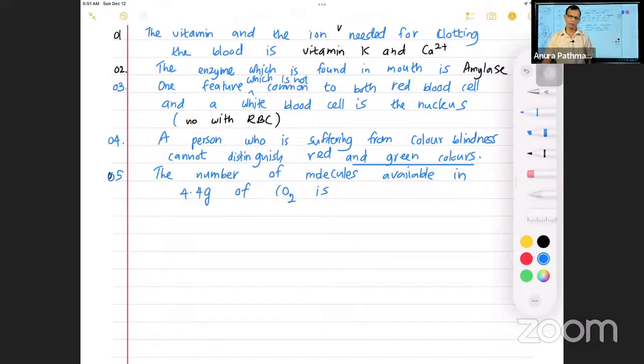How many molecules are there? 0.1 times 10 to the power 23. Also correct. 0.1 multiplied by 6, Avogadro constant. Why did you get 0.1?